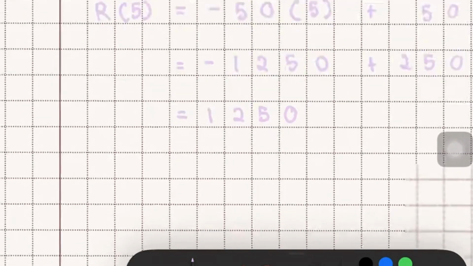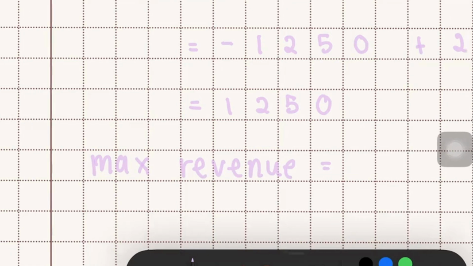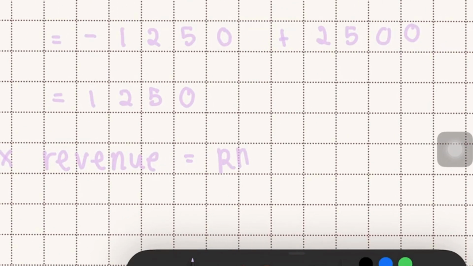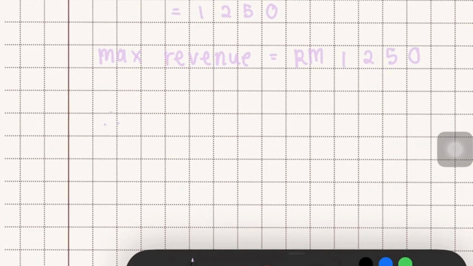So the value of maximum revenue is 1,250 ringgit.